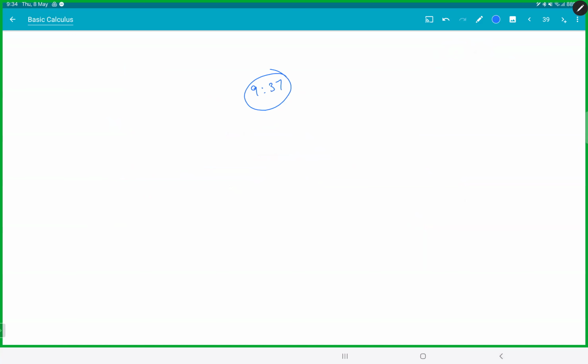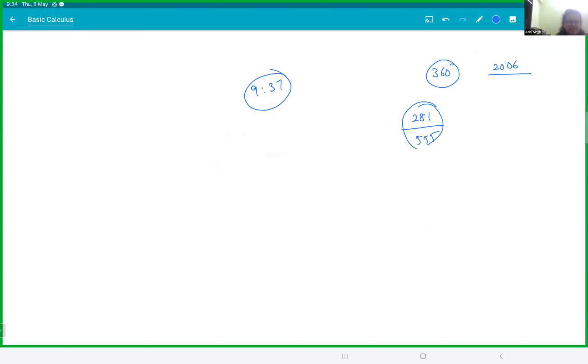How much do you guys think I scored in my advanced exam? My rank is All India 360, okay? 2006 JEE. You know how much I scored out of 555? Something like 200, 300, I don't know. It is around 281. So if you see now, I scored around 52%.